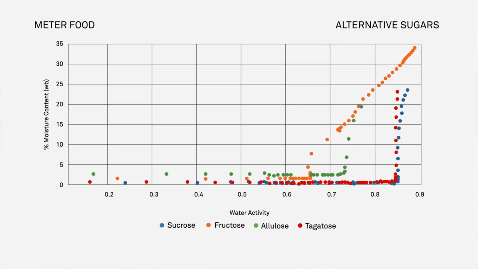As we're looking here, you'll notice that fructose actually has the lowest water activity where it starts to dissolve, so that's nice. So it'll stay in that nice amorphous state. And then allulose is kind of in the middle, so it's around 0.73 would be what I would say. And then we start seeing its response where it starts to take on moisture.